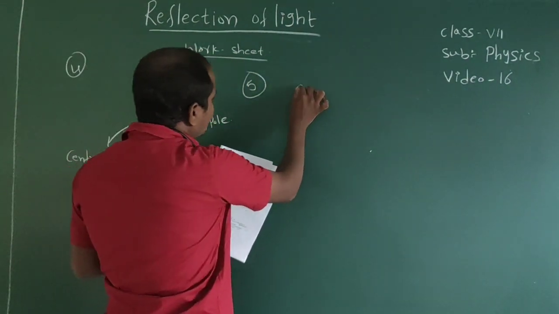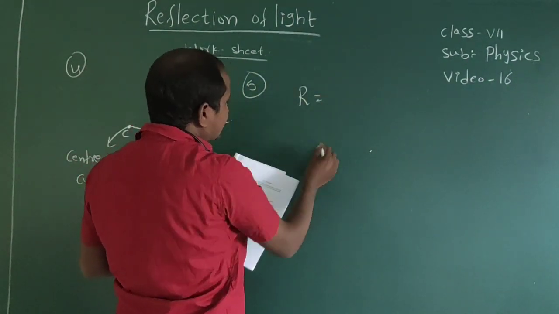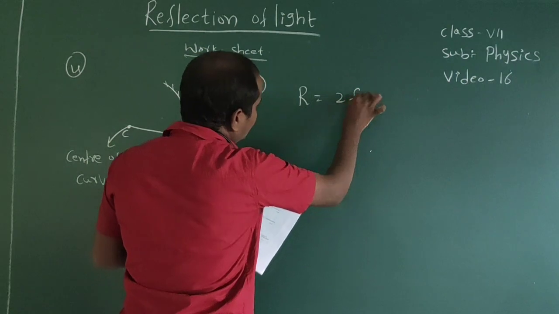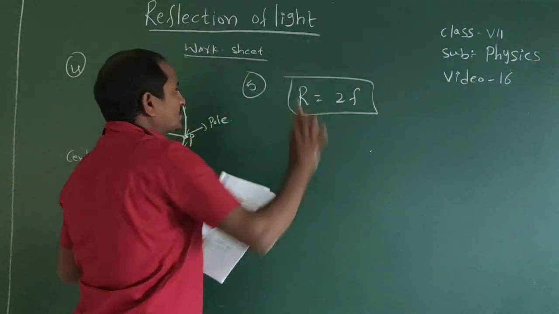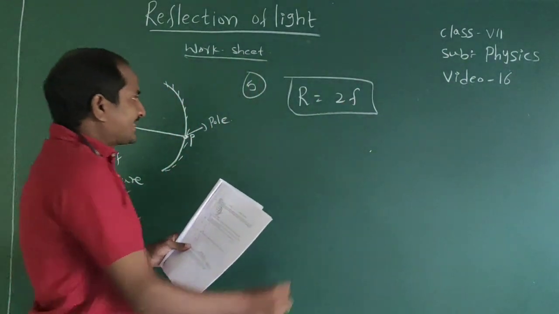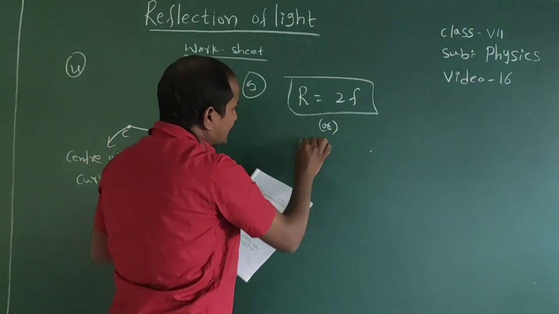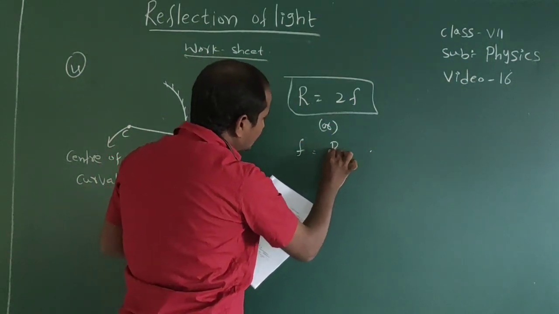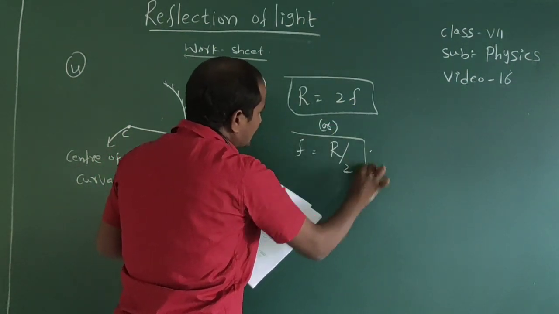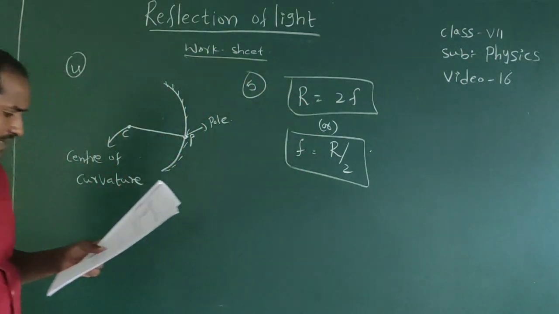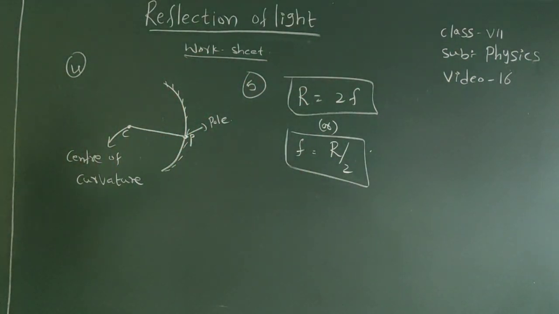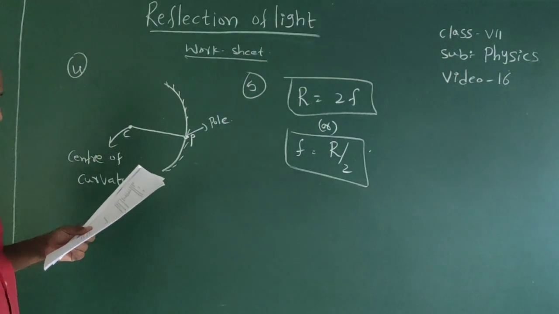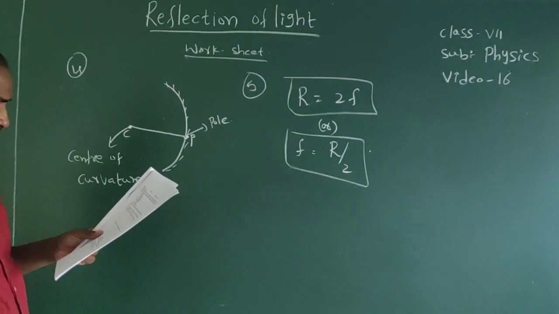Here R, the radius of curvature, is equal to 2F. R equals 2 times the focal length. We can write F equal to R by 2. So what is the given answer here? F equal to R by 2 is correct.